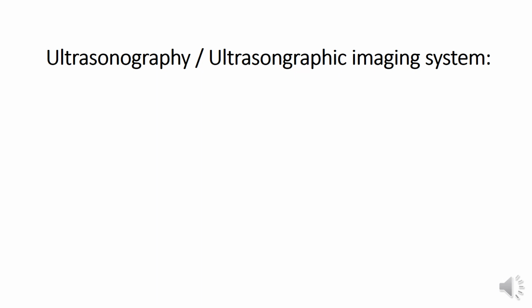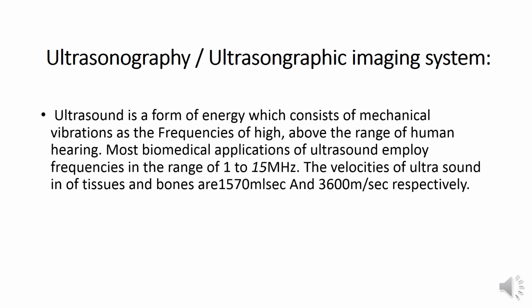Next we are going to see ultrasonography. The other name is the ultrasonographic imaging system. In this method, ultrasound is a form of energy consisting of mechanical vibration. The frequency range is high, above the range of human hearing.